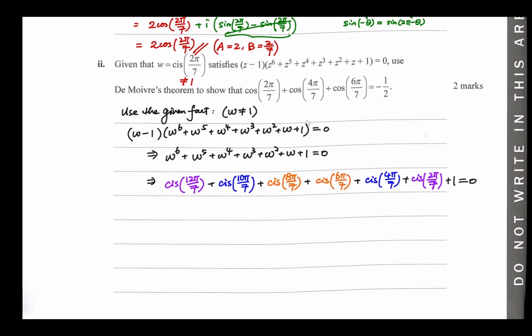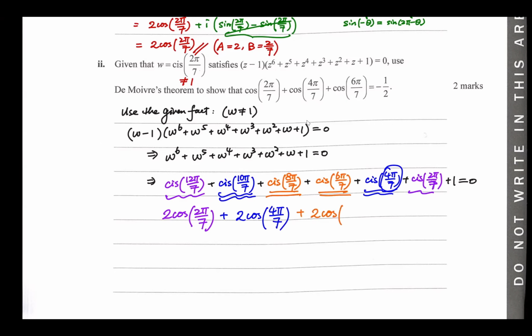So the purple term will be 2 cosine 2 pi over 7, plus the blue terms, where we choose the smaller angle, it will be 2 cosine of 4 pi over 7. And the orange term, you get 2 cosine 6 pi over 7.